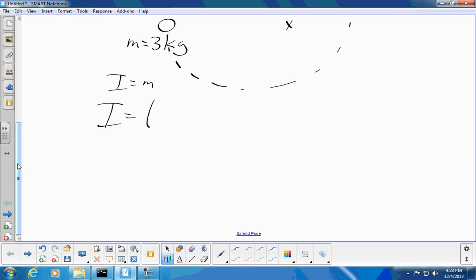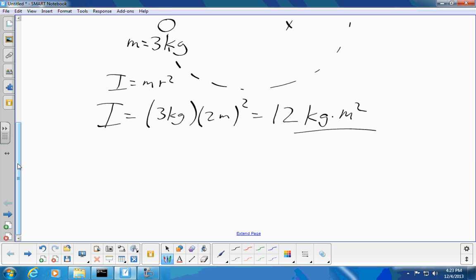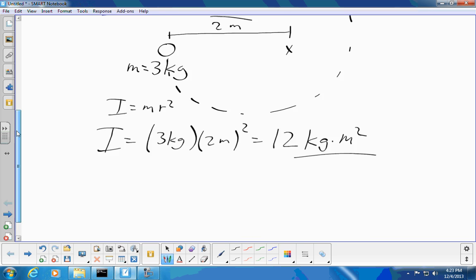For this point mass, it is mr squared, and I would put in 3 kilograms times (2 meters) squared, and that gives me 12 kilogram meters squared. That tells me the units for moment of inertia are units of mass times the square of units of distance. Right now that doesn't mean too much to us, but there is the moment of inertia of a 3 kilogram mass 2 meters away from an axis of rotation.